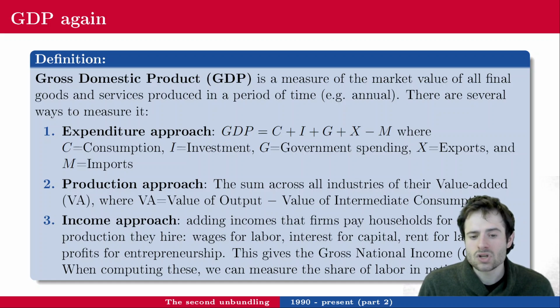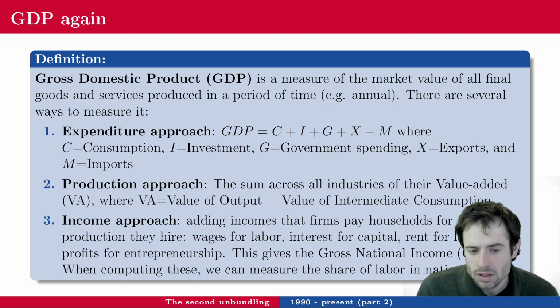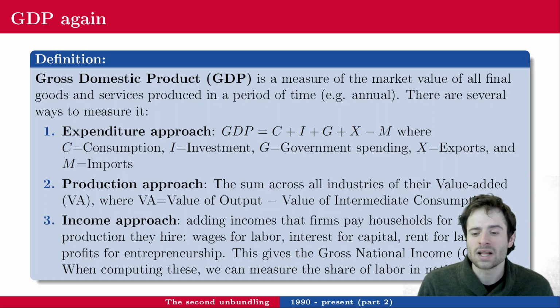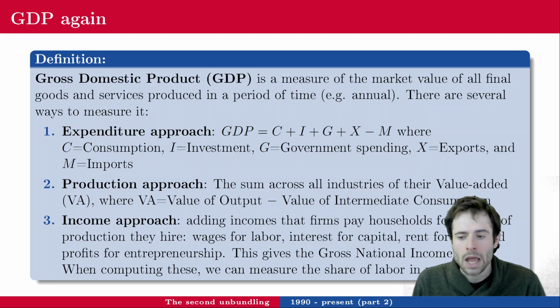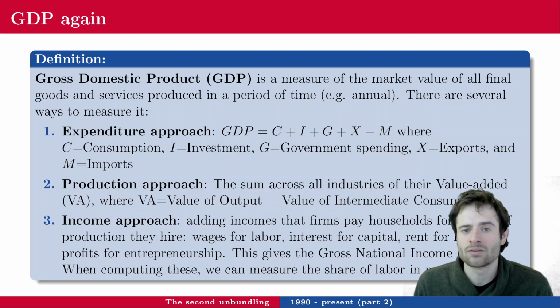And the income approach corresponds to adding incomes that firms pay households for factors of production they hire. So, wages for workers, interest paid to the bank, and profits for entrepreneurs, for firms. Those three approaches give you exactly the same number at the end of the day.